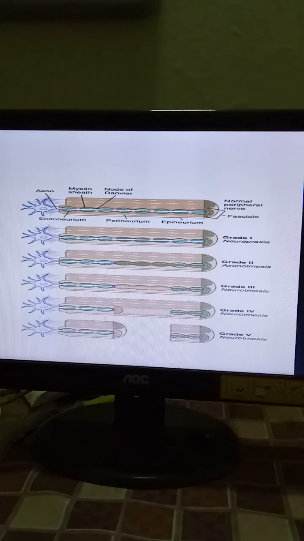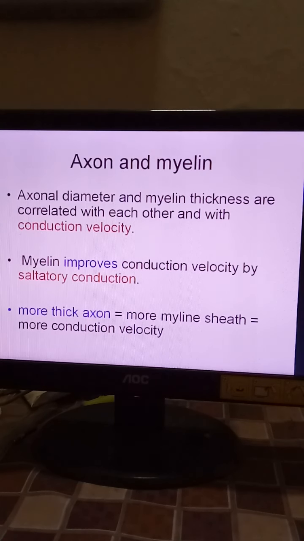These are the nodes of Ranvier, and the white portion indicates the neuron and the myelin sheath, the green covering over the white axon. The axon and the myelin are related.